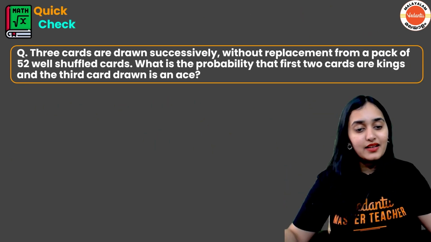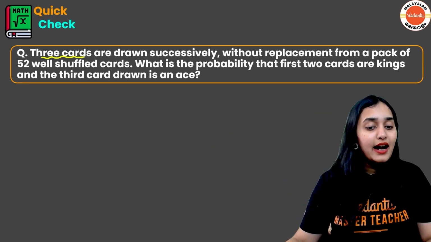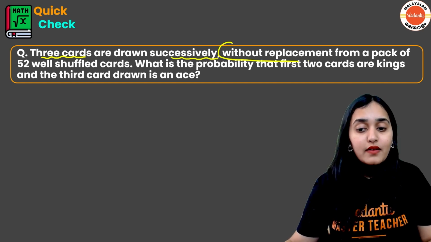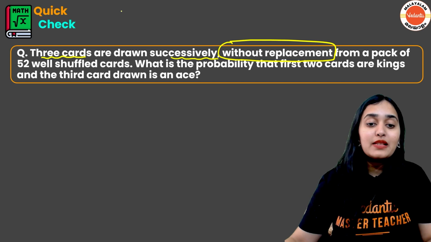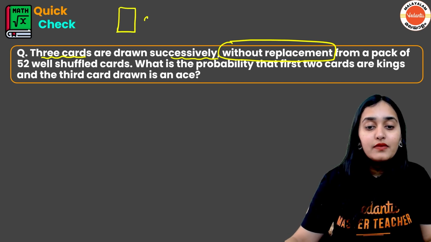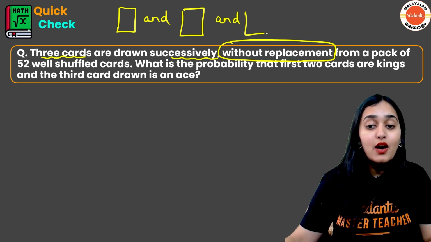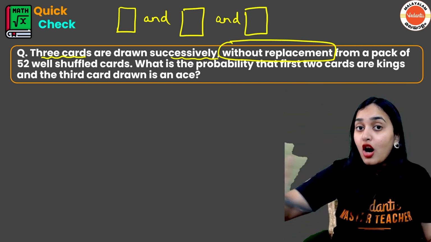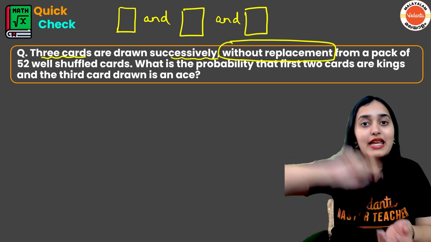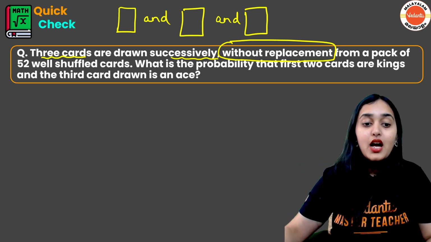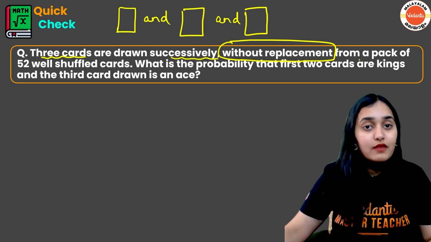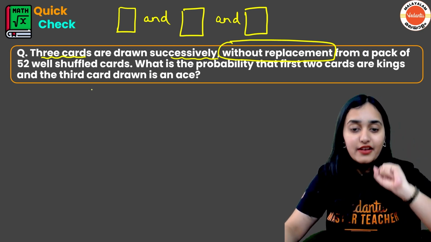Let's do a question. 3 cards are drawn successively without replacement. Without replacement, you take out one card, then another card, then another card. You are not putting anything back, you are just taking out. So 3 cards are drawn successively without replacement from a pack of 52 well shuffled cards.